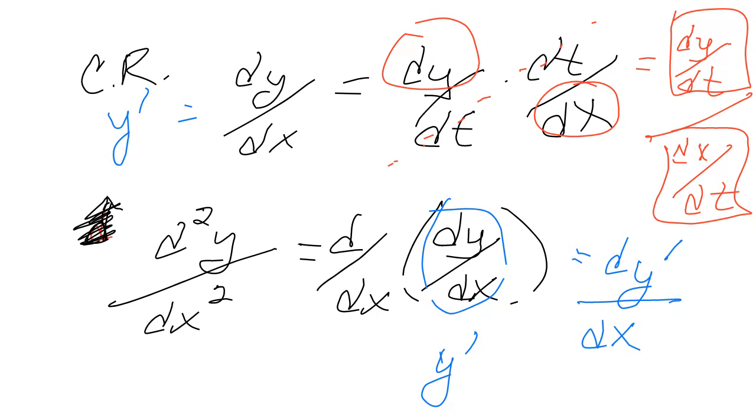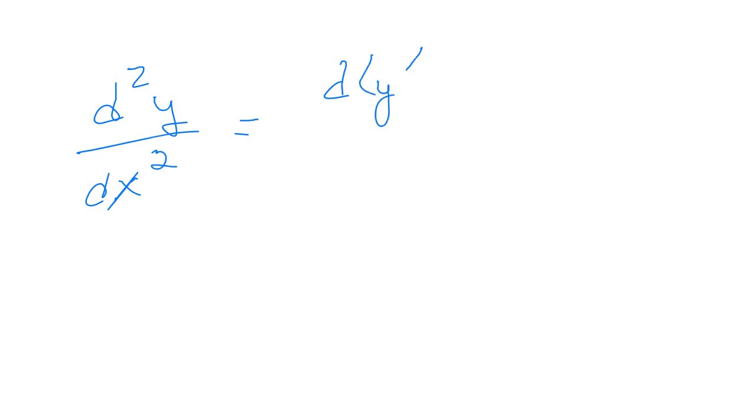So if I plug in, this is y prime, so dy prime. We can also rewrite the second derivative, d squared y over dx squared, as the derivative of y prime, dy prime/dt over dx/dt.